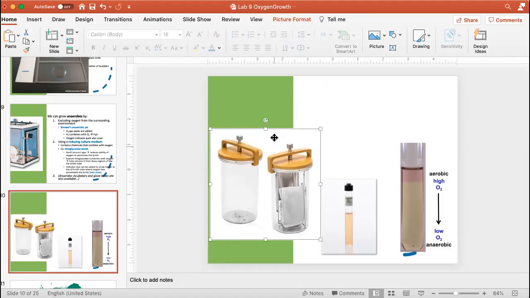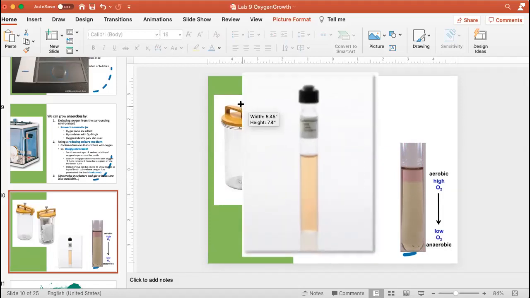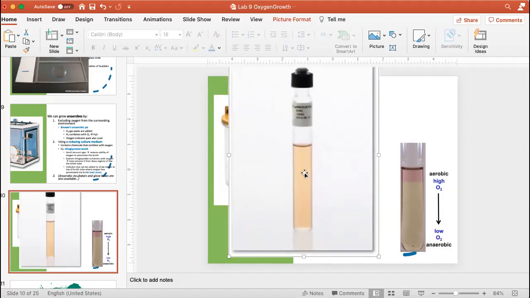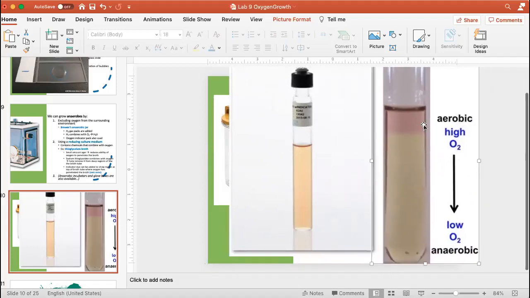Over here on the other side of the slide, this is a thioglycolate tube. Again, this is not a solid, but it's also not a pure liquid. It's somewhere in between. It's a semi-solid medium. This one doesn't have the indicator dye in it. This one does. This is just another tube, and you can see it's pink at the top.